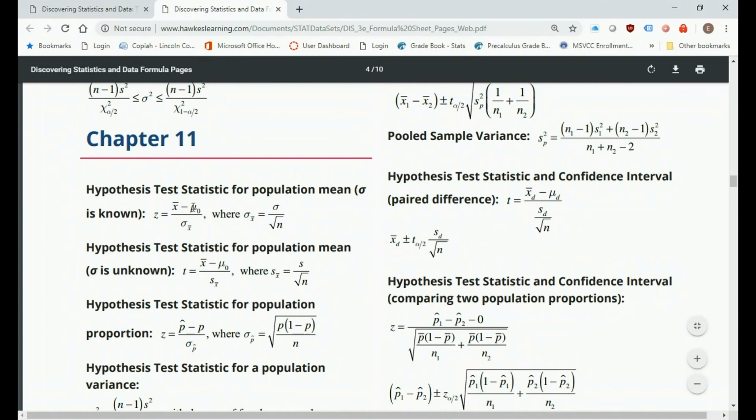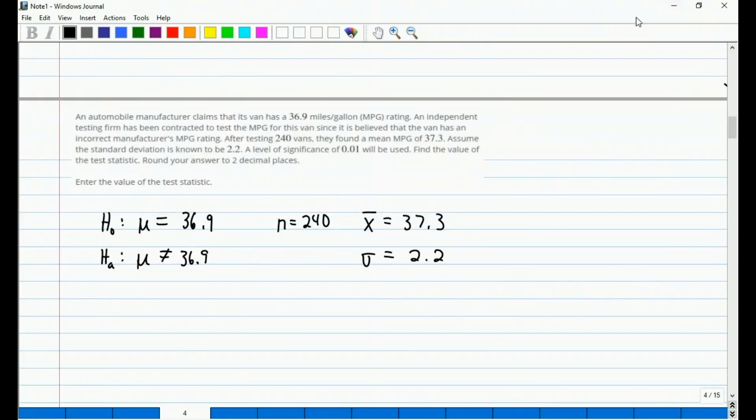So x bar minus mu over sigma sub x bar, where sigma sub x bar is sigma divided by the square root of n. Okay, so this is our test statistic. It's going to be 37.3 minus mu, which was 36.9, over 2.2 divided by the square root of n, 240. So I'm just going to do this in my calculator.